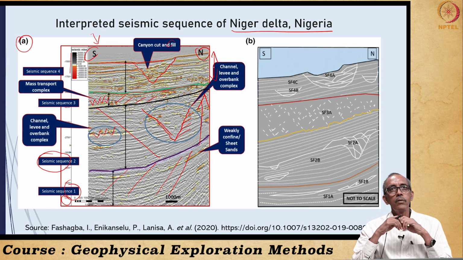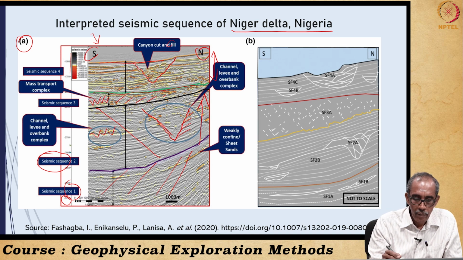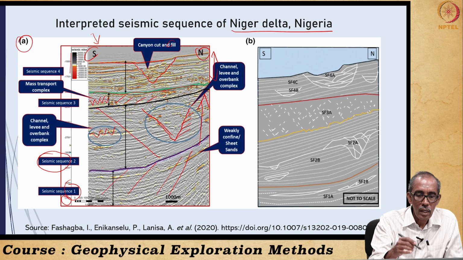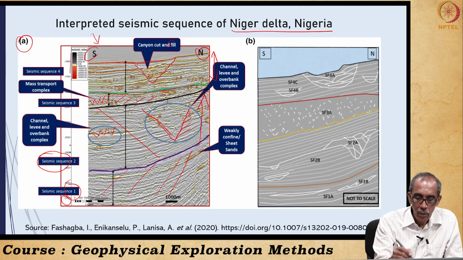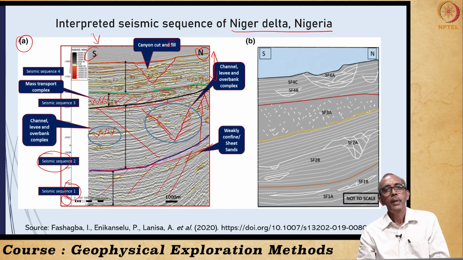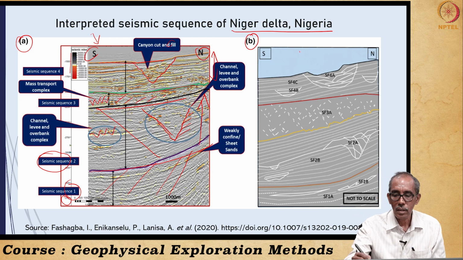So, this is how the seismic image has been interpolated, right, and they are also demarcated based on the seismic velocity, right. And by looking at the diagram, we ourselves can draw some contacts. Based on this, on the right hand side is the interpolated geological section.